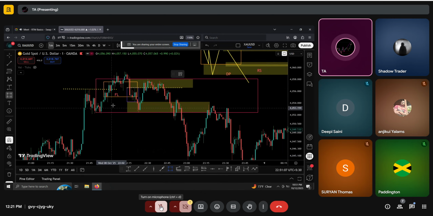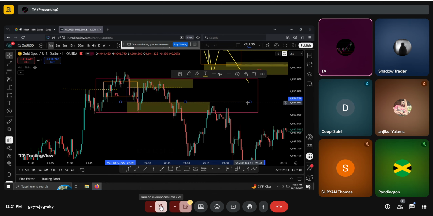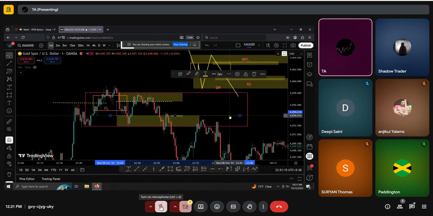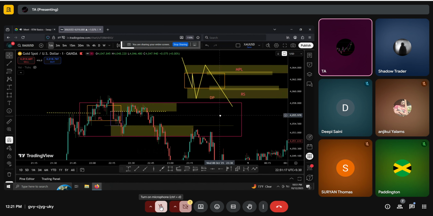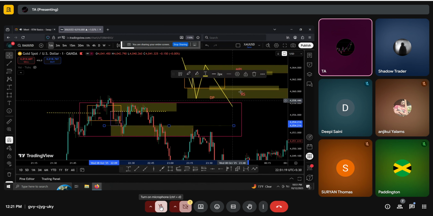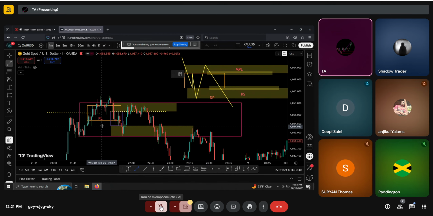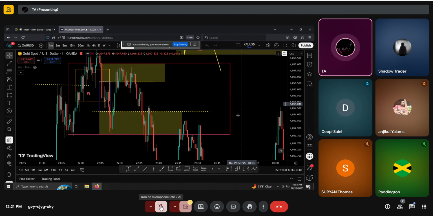If you look at this line, like we draw it here, and you see which candle crossed this line? We are already on the lowest time frame.